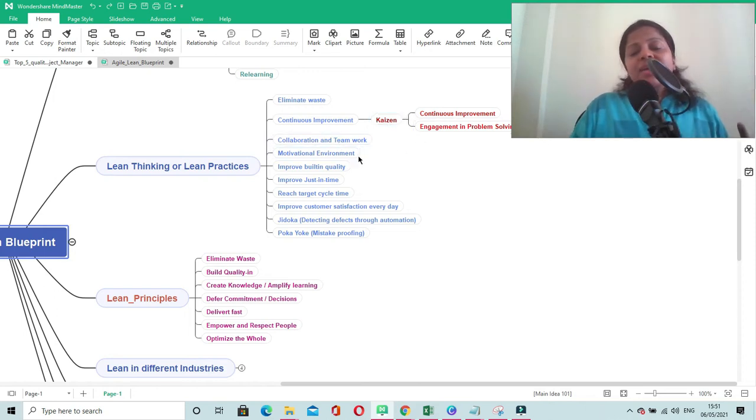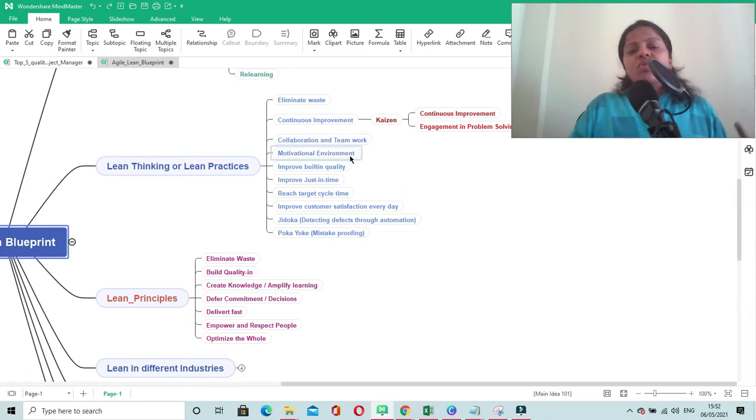The next practice can be collaboration and teamwork. So you need to have a more and more collaborative environment in your team and with the stakeholders, so that you will be able to come up with a more and more quality product, and the team will be motivated to work on your product. The next practice is, again, a motivational environment.